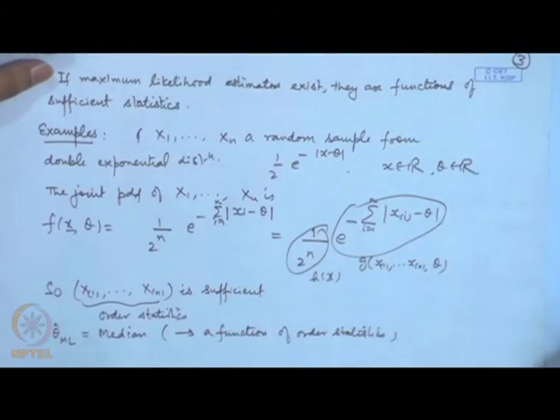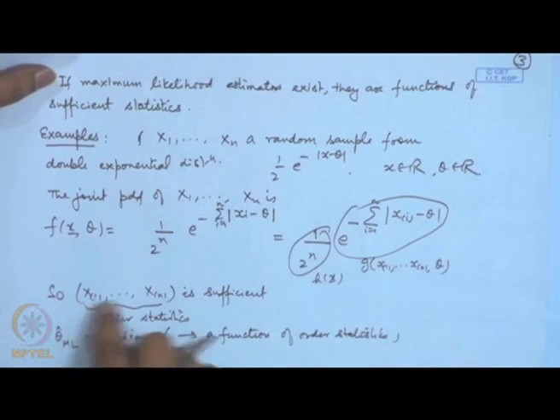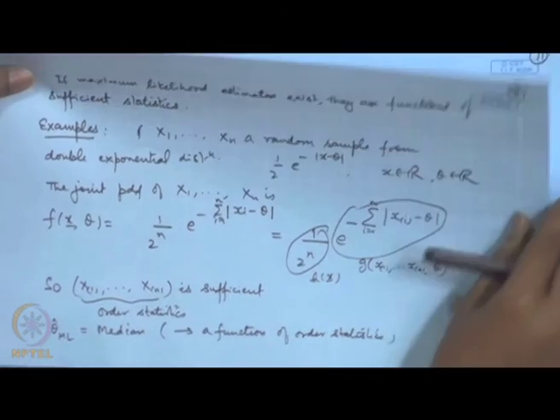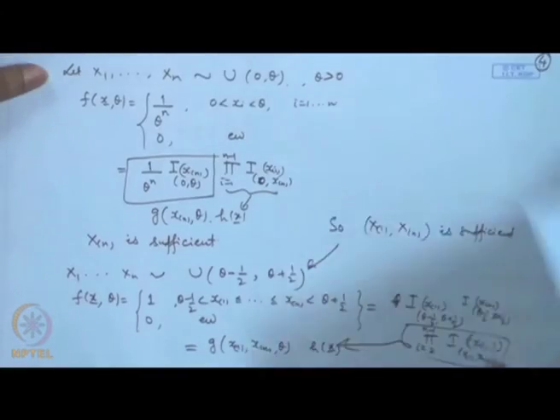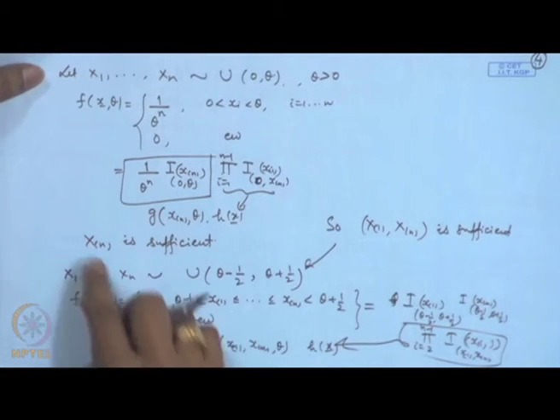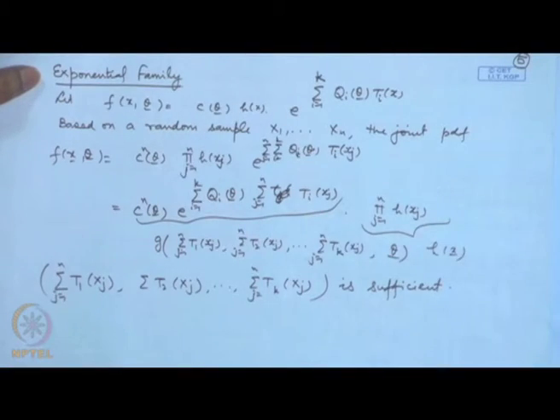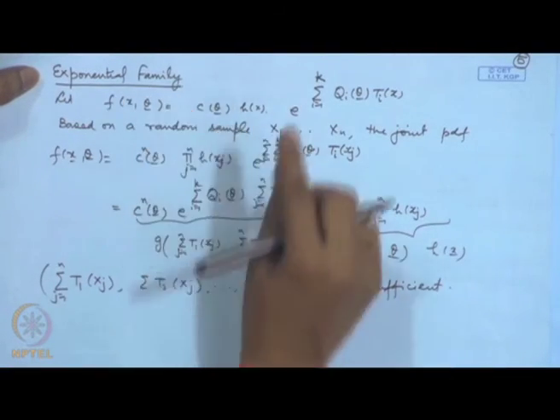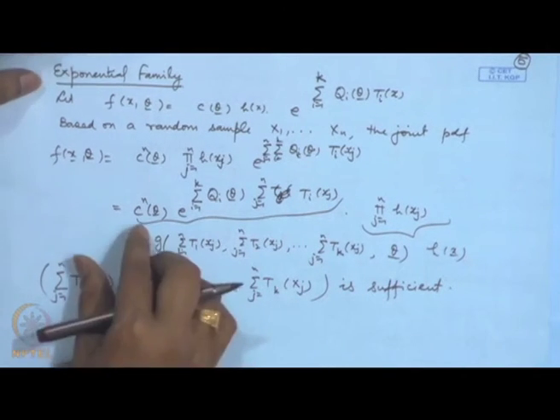If we consider say a double exponential distribution, in that case the full sample reduced to the order statistics will be minimal sufficient. If we consider uniform distribution on the interval 0 to theta, then x n will be minimal sufficient. If we are considering exponential family, then this statistic that we have written will be minimal sufficient.